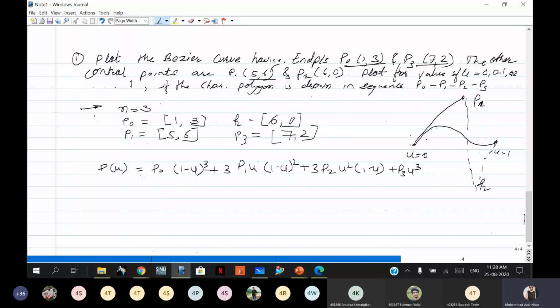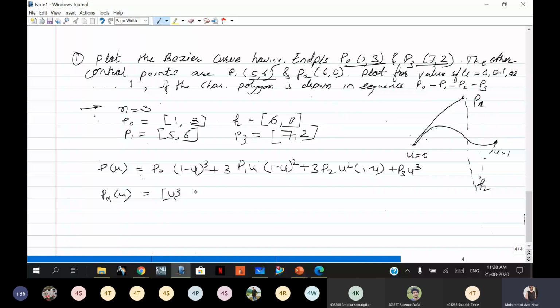So instead of this, you can use the matrix that we have found. First you have to find out the value for x, and then you have to find out the value for y. So px of u equals, I write down that sixth equation we found from the derivation, u cube, u square, u and 1.